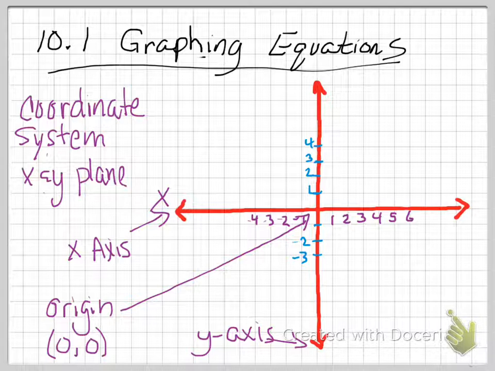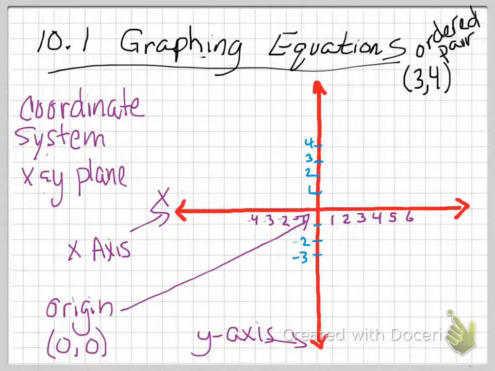So when we look at these coordinate systems, the way we plot points on there is we plot what are called ordered pairs. So if I use a number like 3, 4, this is called an ordered pair.